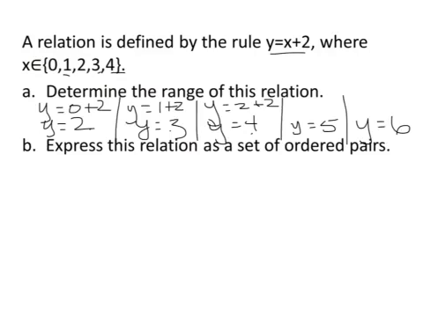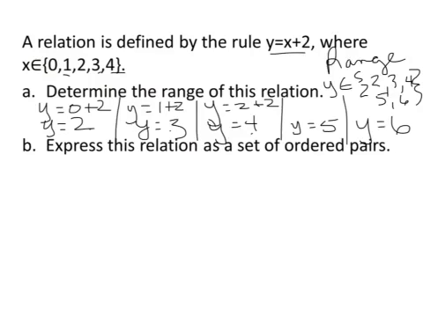So our range is going to be all of the y's contained in the set 2, 3, 4, 5, and 6. The brackets are really just grouping the numbers that are in the outputs.